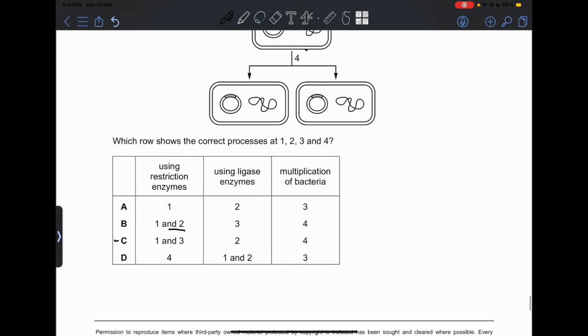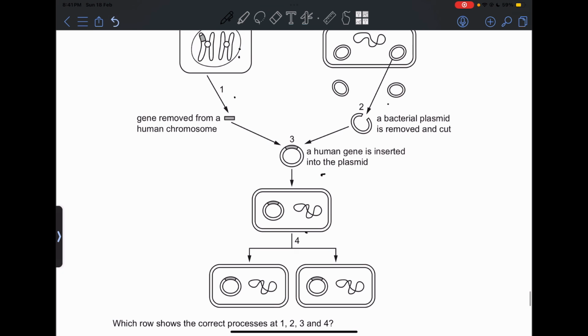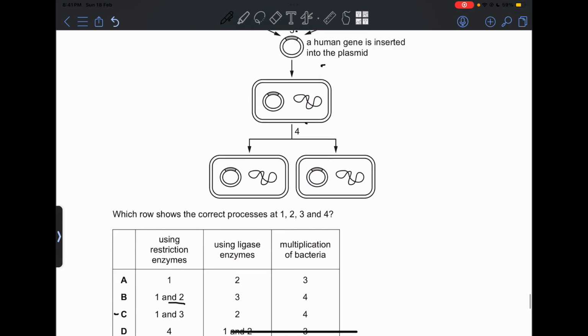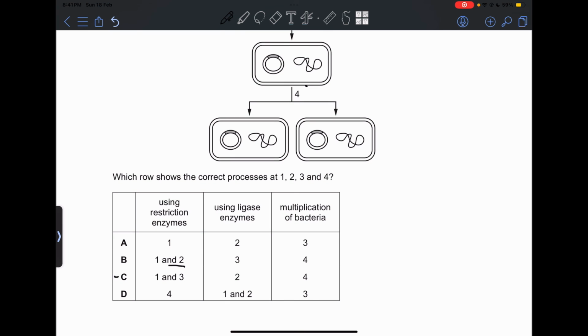Now, using ligase enzymes, this is actually over here in number 3, which is used to bind the bacterial plasmid with the piece of DNA, the gene removed from the human chromosome. And also number 4, multiplication and reproduction. It is actually over here, we can see that it was 1 cell and then it became 2. So our answer is going to be B.